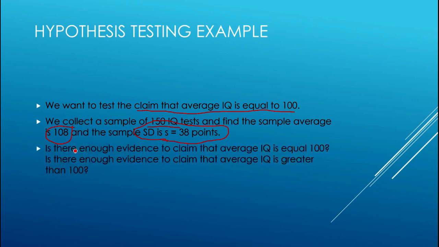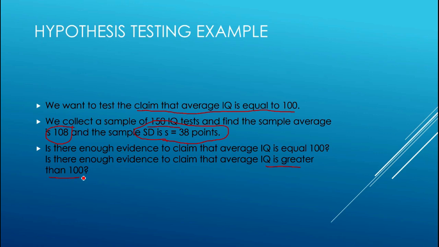So the question is, is a 108 average in the sample enough to conclude that average IQ is greater than 100 points? Because we know that when we collect a random sample of 150, we're not going to get a sample average that's exactly equal to the true population parameter.